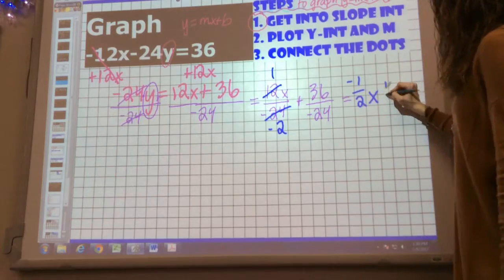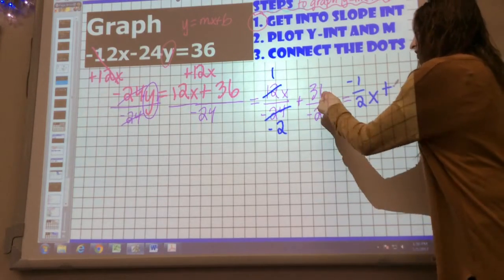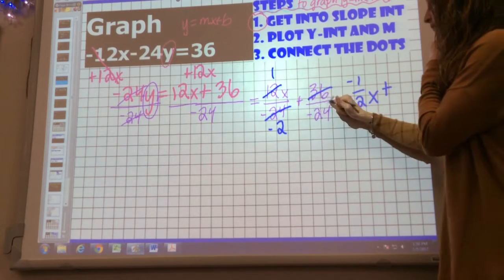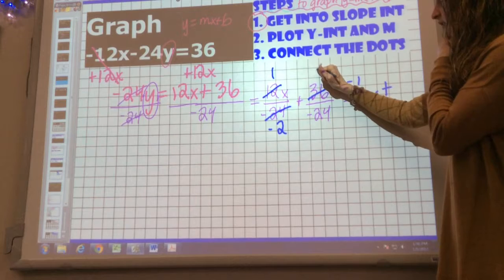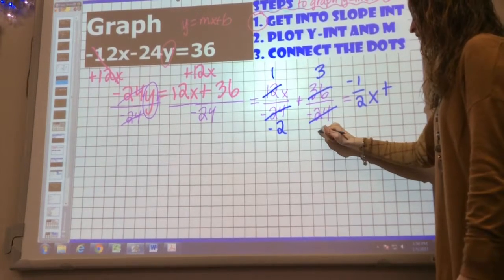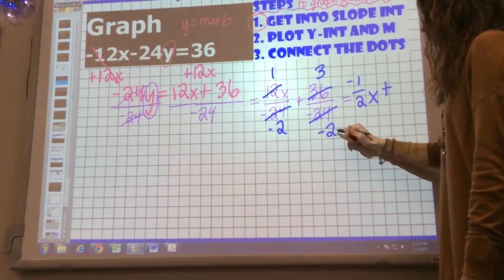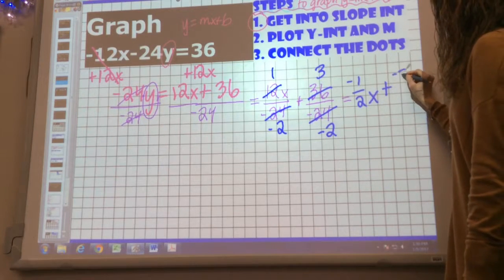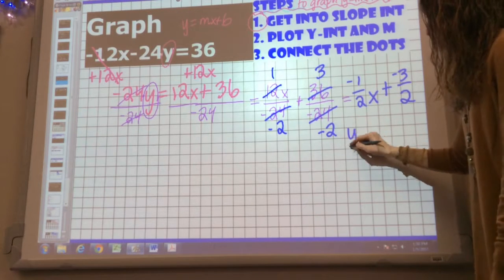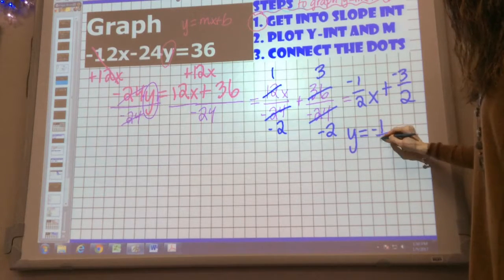Great. And then we have plus, what number goes into both? 12. 12 does go into 36. How many times? 3 times. Very good. How many times does 12 go into here again? Negative 2. So we have then negative 3/2 for this one, right? So our slope-intercept form would actually be this, right?